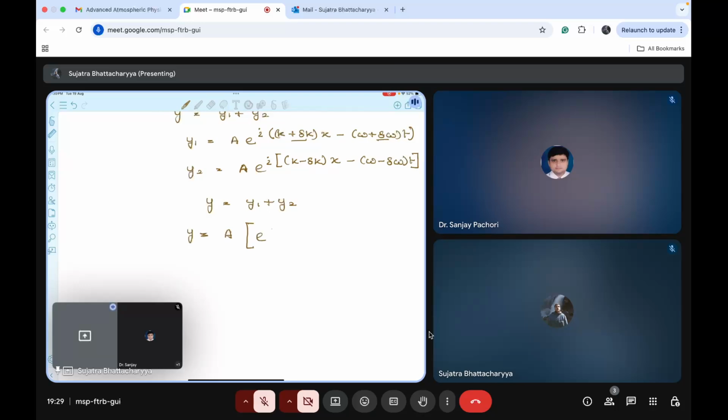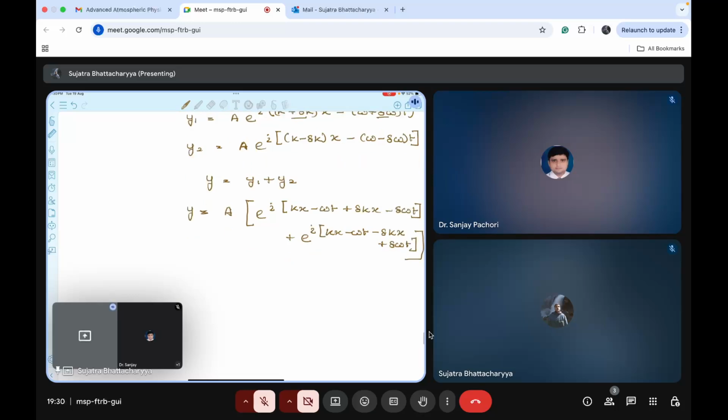Let's write it very carefully: e to the power iota kx minus omega t plus delta k x minus delta omega t, plus a e to the power iota kx minus omega t minus delta k x plus delta omega t. All right, this is fine.